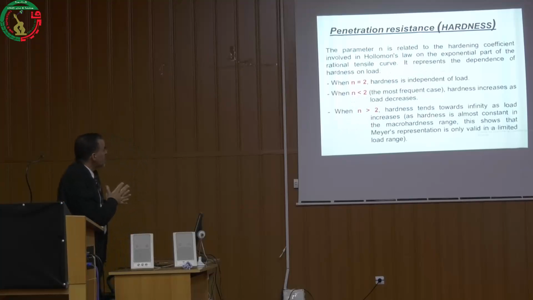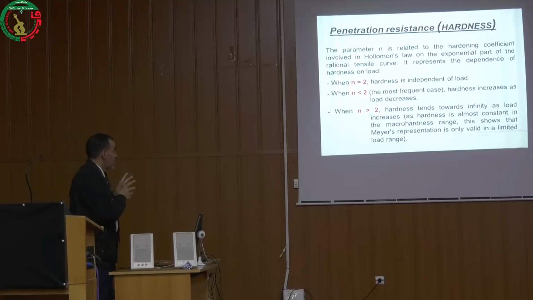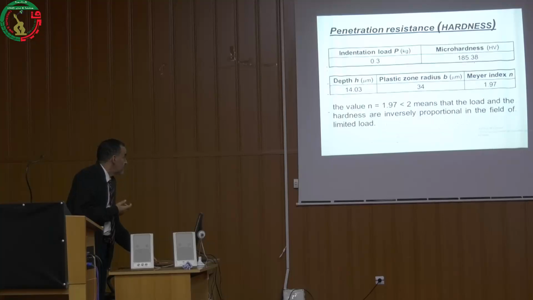So, what does the n mean? What is the importance of calculating the n? When n, the Meyer index, is equal to 2, hardness is independent of load. When it's less than 2, hardness increases as load decreases. But when n is greater than 2, hardness tends towards infinity, which is not true.